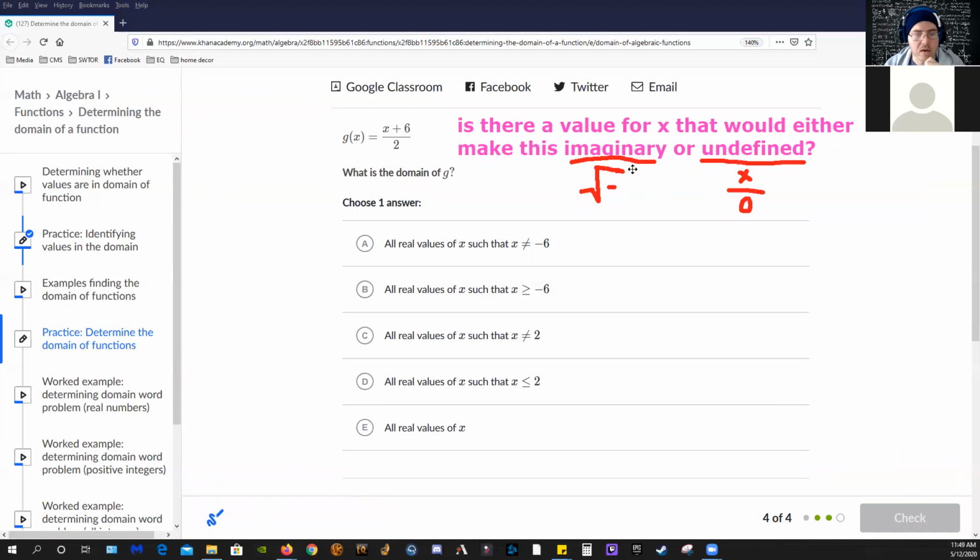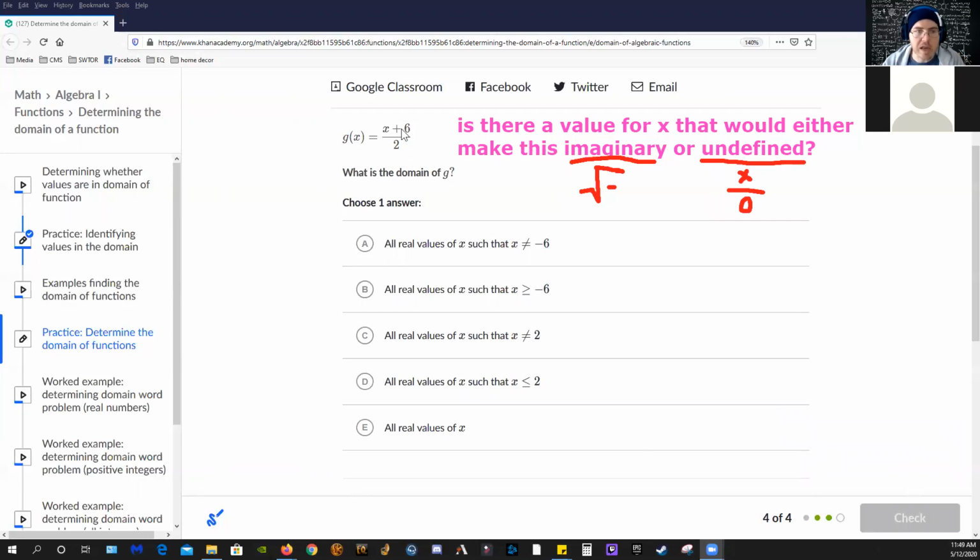So is there a way that this could either be imaginary or undefined? Okay, since this is a fraction, I'm leaning towards the undefined part. But it's not in the denominator. Well, this is just critical thinking. Is there anything we can put in for x that would make this a problem?